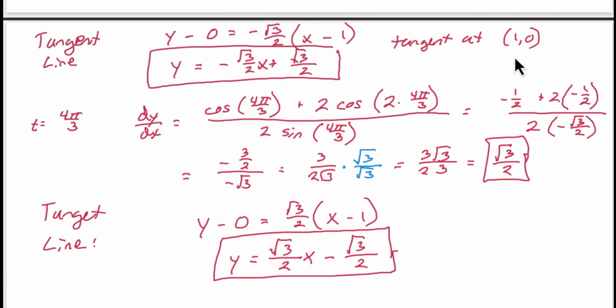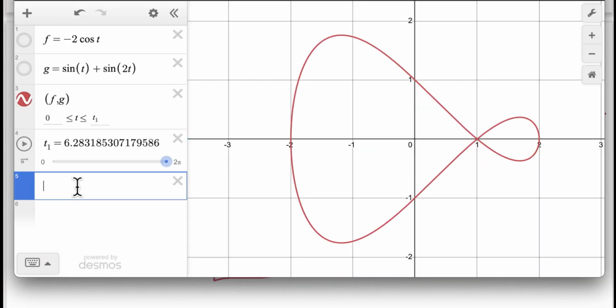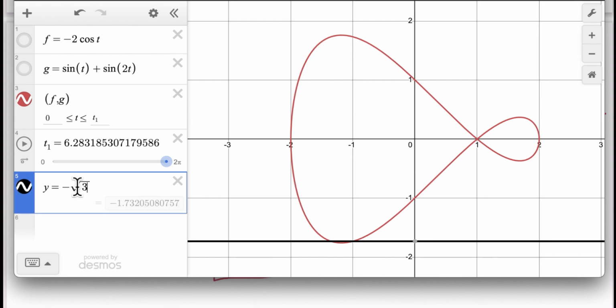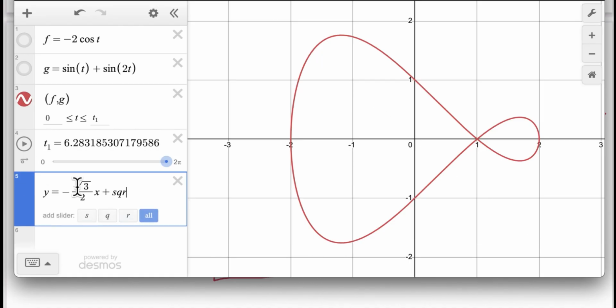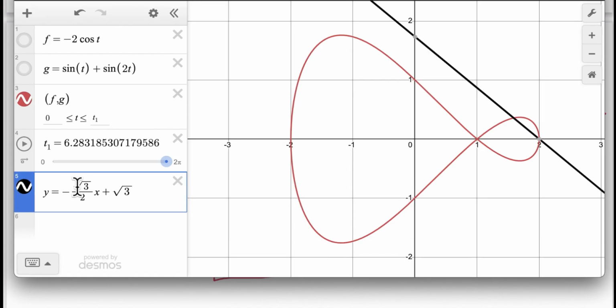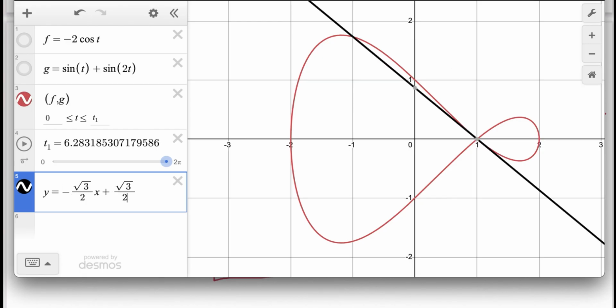Now that we found them, let's add those to the graph from earlier and see if they look accurate. Going back to the previous graph, let's type in those equations, see if they look correct. That first one looks pretty good.